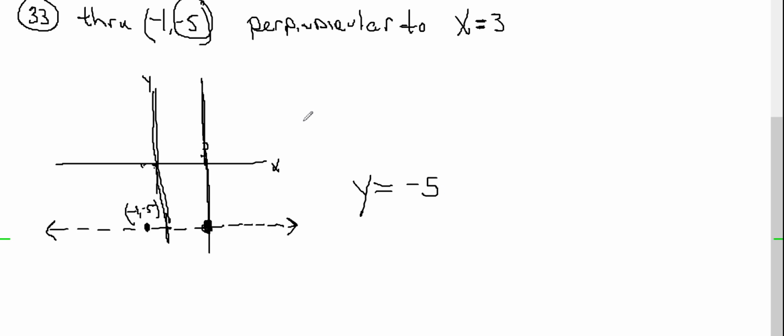It's perpendicular to x equals 3, this vertical line, and if it's perpendicular, that means it intersects it and forms that 90-degree angle, and so therefore you'll end up with y equals -5. Pretty tough problem. You just got to work it out in your mind and draw a nice picture of what's going on.